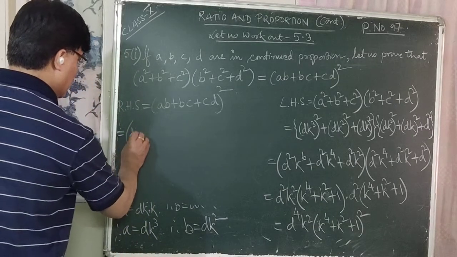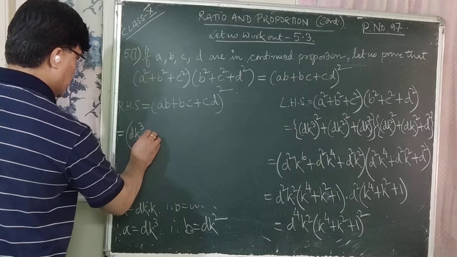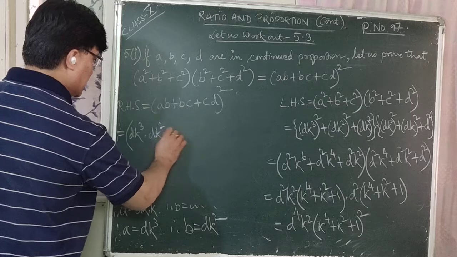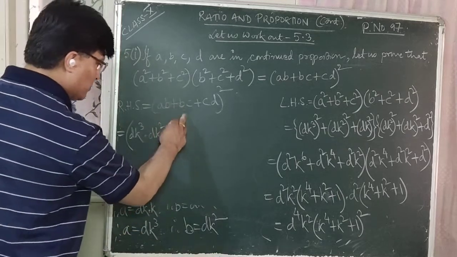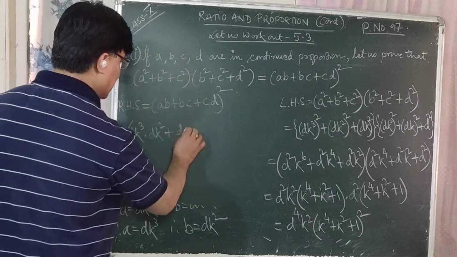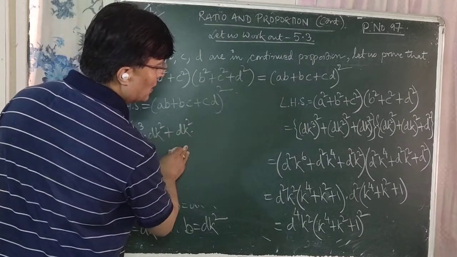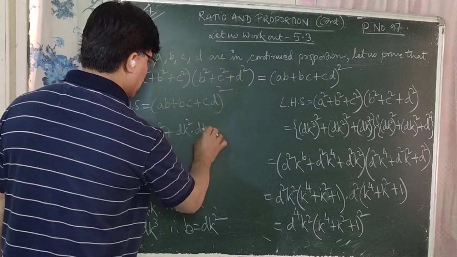DK cube, into what is B? It is DK square. Right? Plus, again what is B? DK square. And what was C? Here C is DK, right?